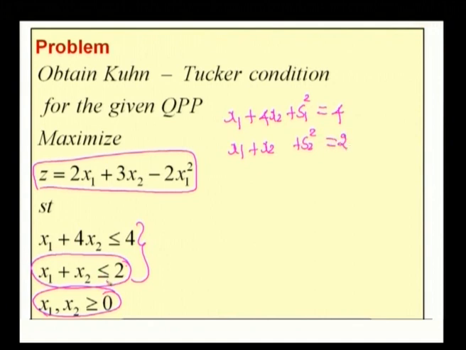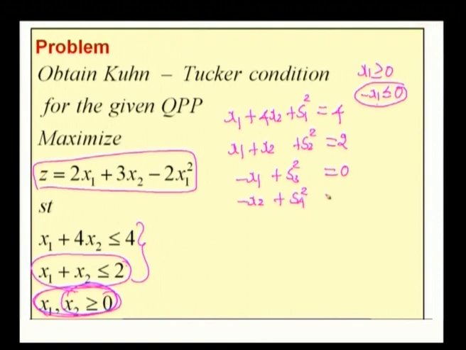Now, this QPP involves two non-negative constraints, x1 greater than or equal to 0 and x2 greater than or equal to 0. x1 greater than or equal to 0 can be rewritten as minus x1 less than or equal to 0. By introducing a slack variable s3 squared, this becomes minus x1 plus s3 squared equal to 0. By the same procedure, x2 greater than or equal to 0 can be rewritten as minus x2 plus s4 squared equal to 0.